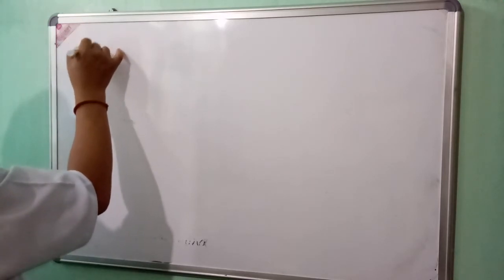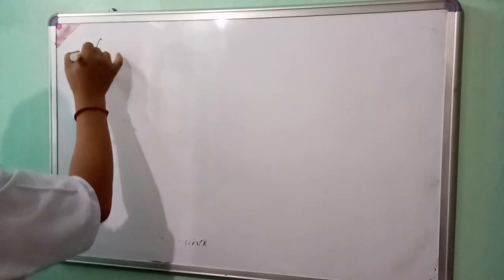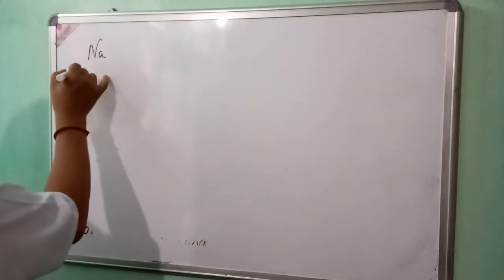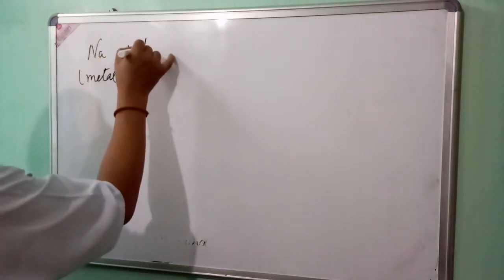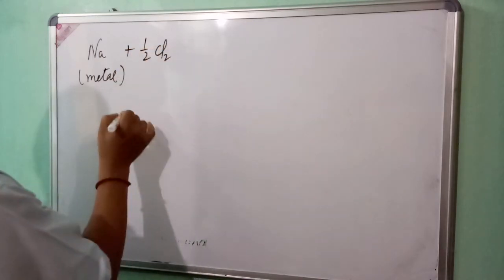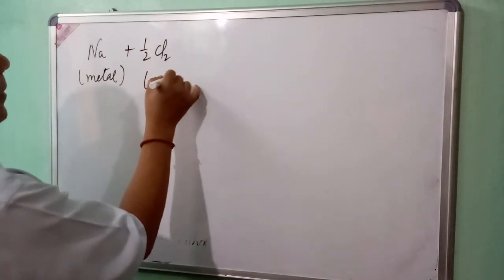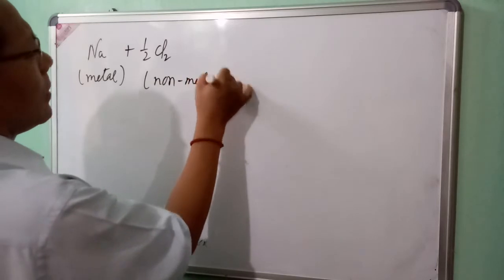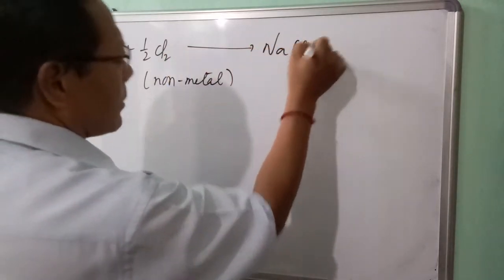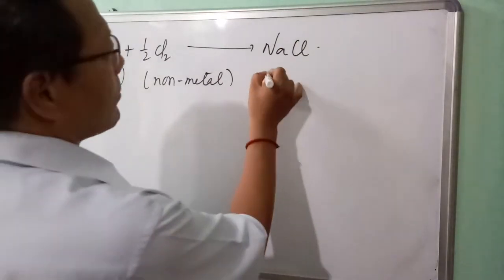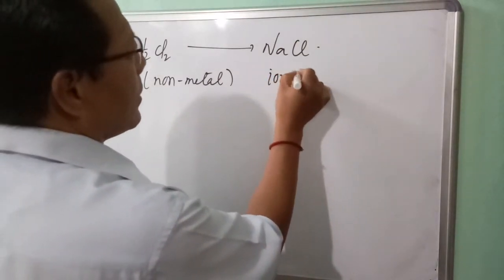So here is sodium metal combined with chlorine. Chlorine exists in molecular form. The sodium metal combines with a non-metal to form sodium chloride. Sodium chloride is an ionic compound.